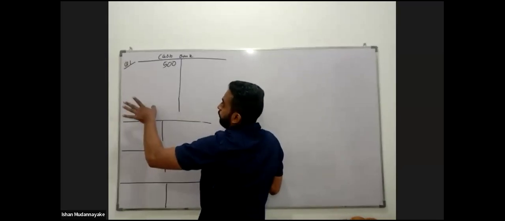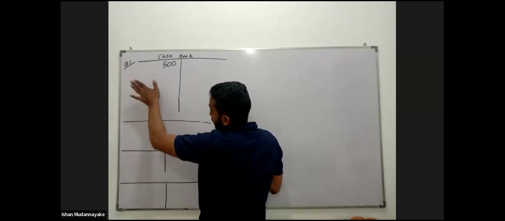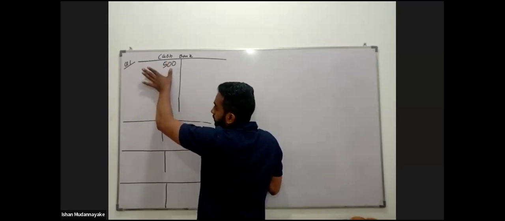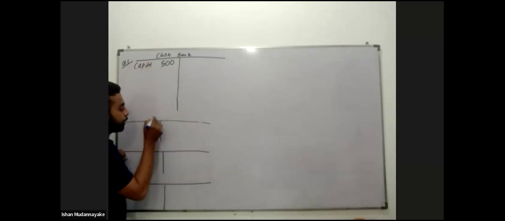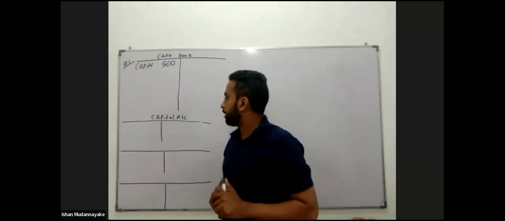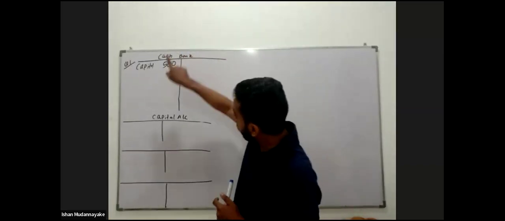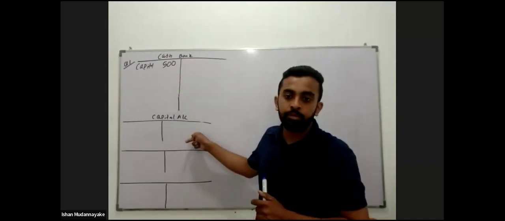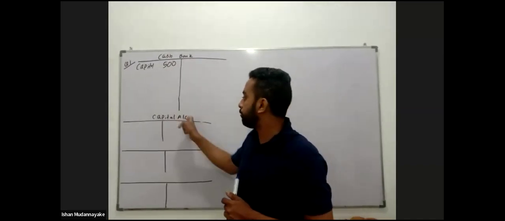If the owner provided 500,000 to the business organization, cash flows in, therefore cash book debit. Description means here capital. Why capital? This 500,000 you need to record in the capital account. So if cash book debit, capital account credit.